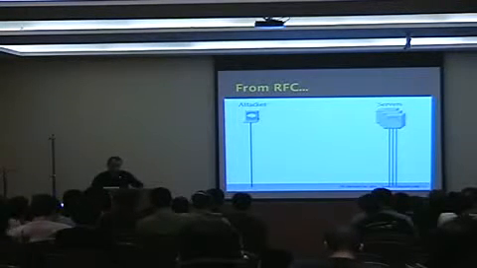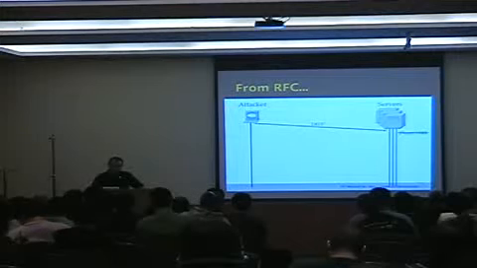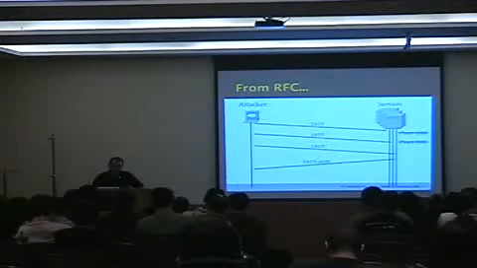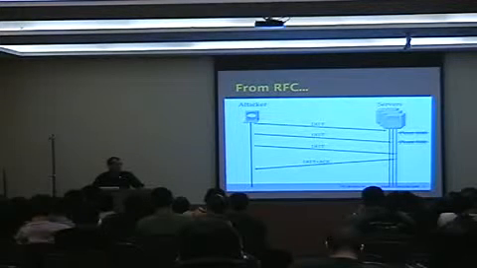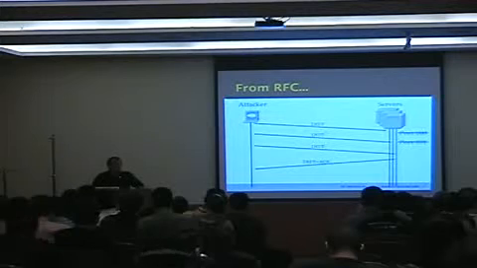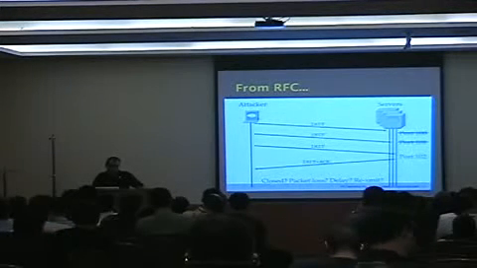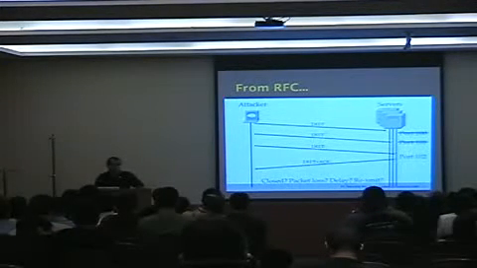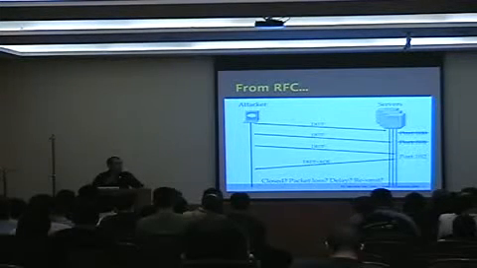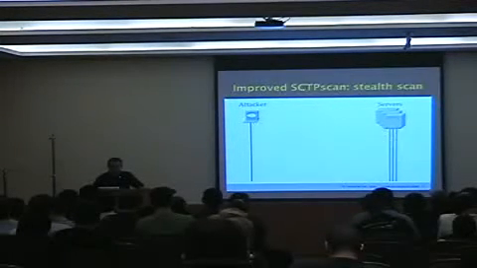So basically, when we are doing any kind of scan using SCTP, we should have this behavior. Sending INIT and not getting anything, and then sending INIT and getting INIT-ACK means that the port is open. But the problem is that we get a lot of retransmits. We don't know if the packet was lost or if the port is not open.